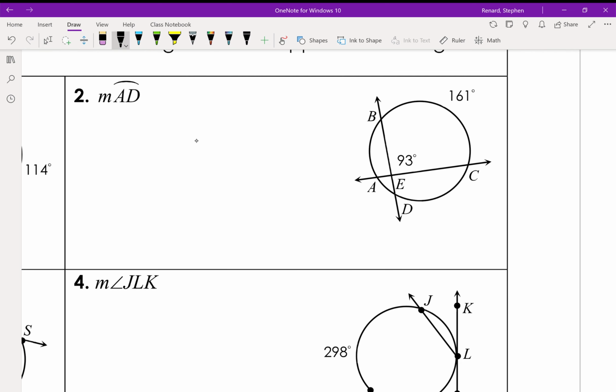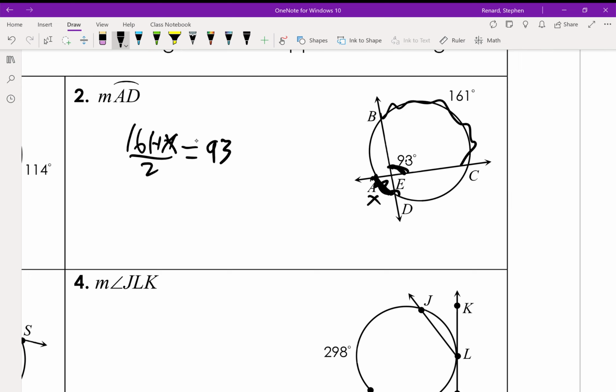Likewise, if we know that this is 93, and we know AD is down here, the measure of arc AD, we'll call that x. So we know that 161 plus x divided by 2 equals 93. Because again, the measure of this angle right here is the average of this arc right here and this arc right here.